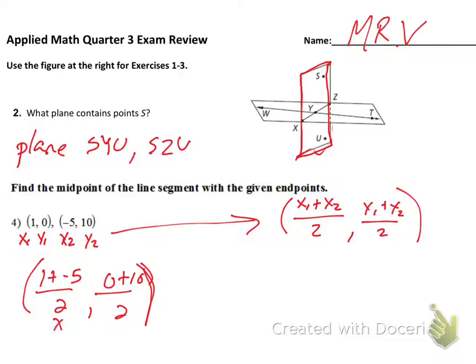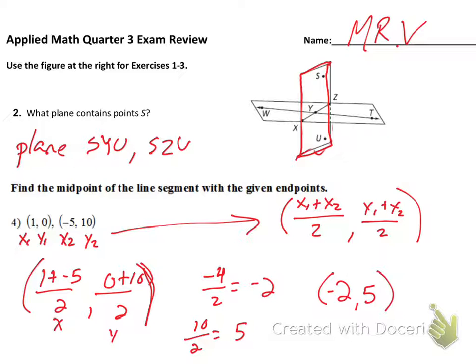This is my x coordinate, this is my y coordinate, so I just simplify from there. 1 plus negative 5 is negative 4 over 2, which is equal to negative 2. And then 0 plus 10 is 10, so 10 over 2 is equal to 5. So my final answer in coordinate form is negative 2, 5.